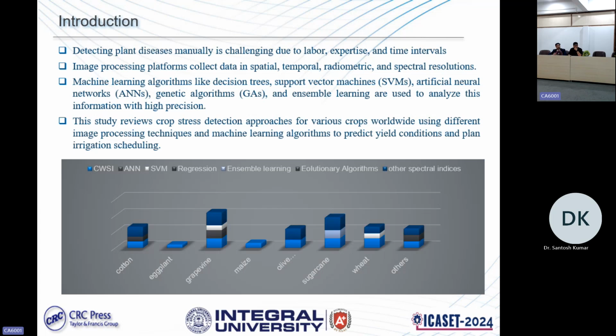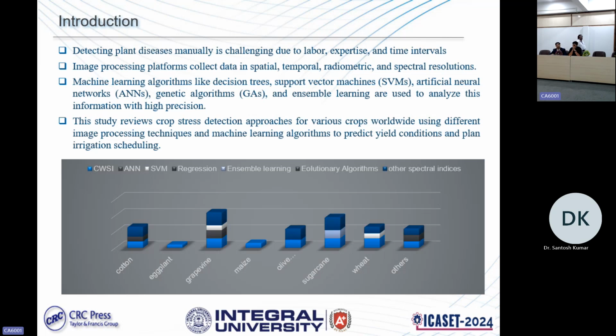In this slide, I have given an overview through a graph in which we can observe various crops on which different kinds of machine learning algorithms have been applied for detection of crop stress as well as crop diseases, like crop water stress index, artificial neural networks, SVM, regression, ensemble learning, evolutionary algorithms, and other spectral indices like NDVI, NDWI, AFID index.